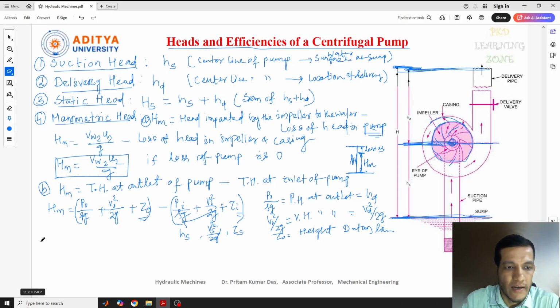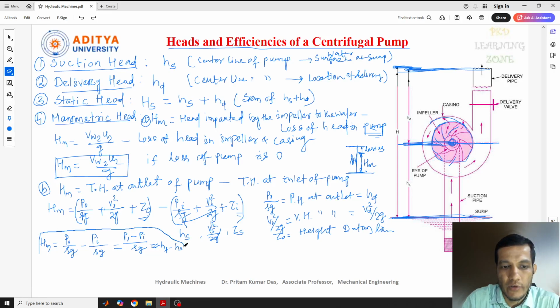Then we get Hm equal to Po by rho g minus Pi by rho g, or Po minus Pi by rho g, or else we can write Hd minus Hs. What I mean to say is, if the velocity heads are both equal, then for this condition we can get this.